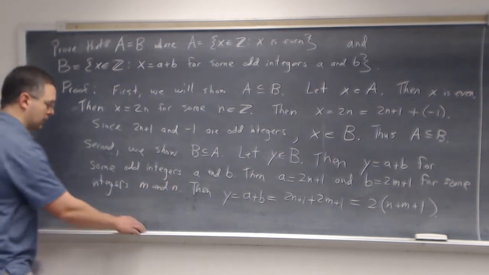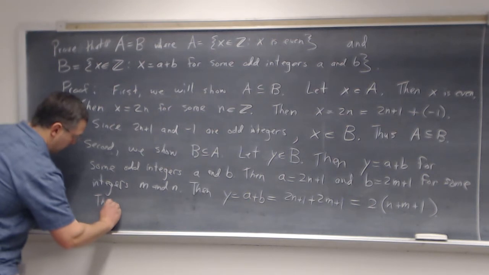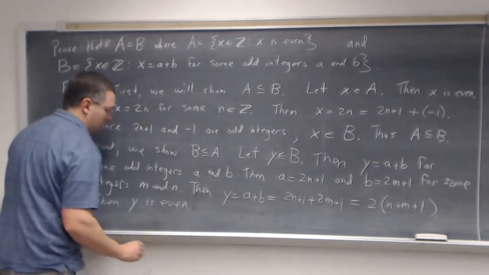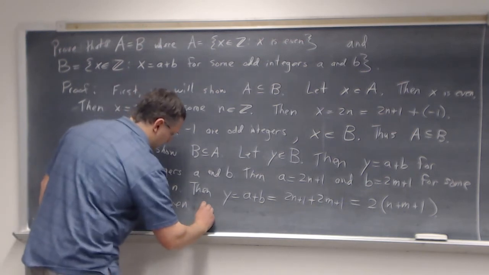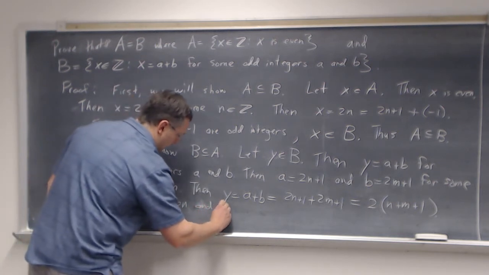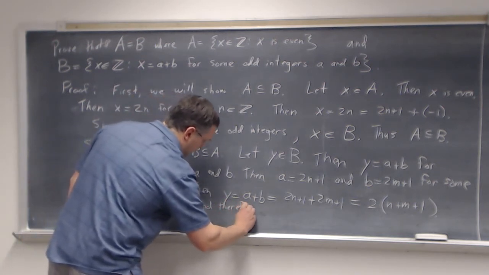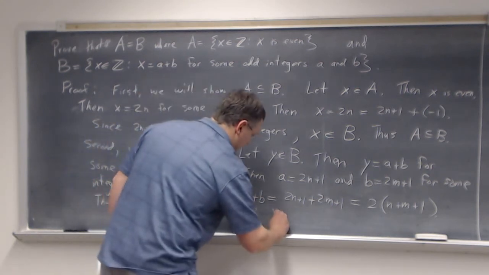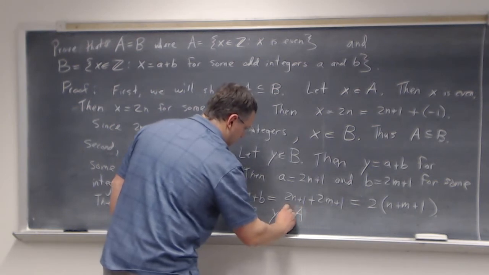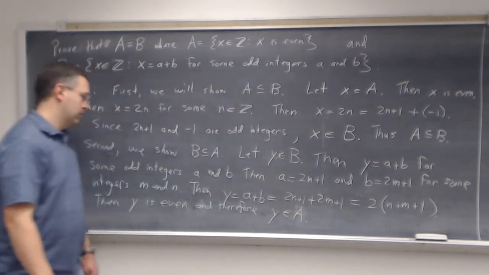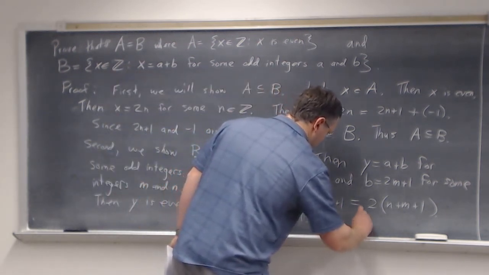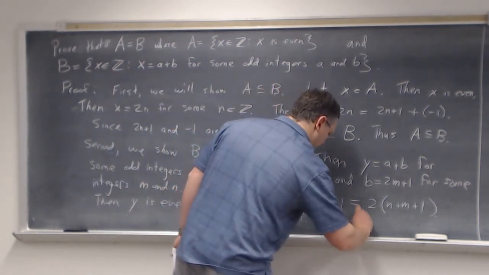But I'm just going to say, so then Y is even, and therefore Y is an element of A. Thus, B is a subset of A.